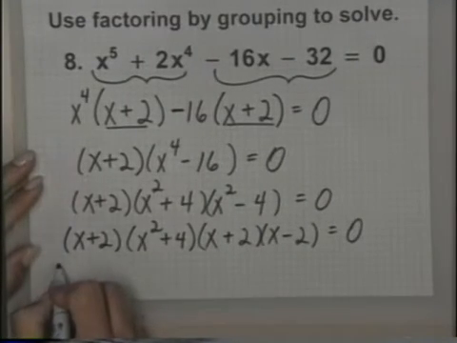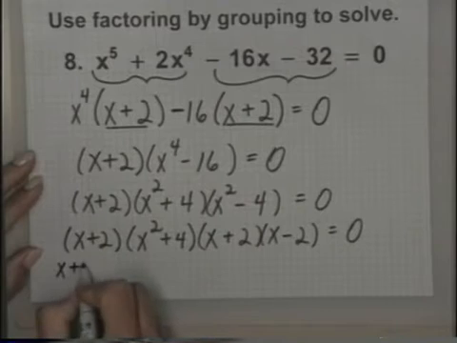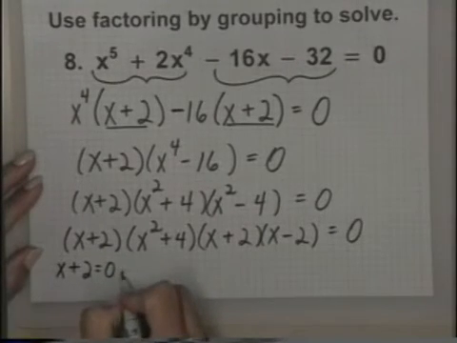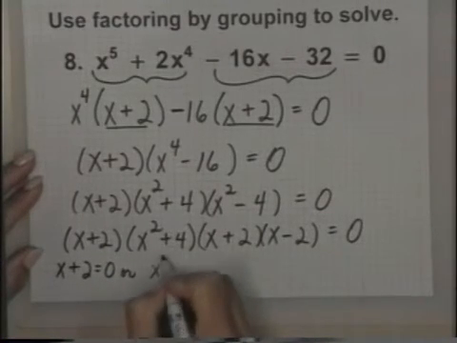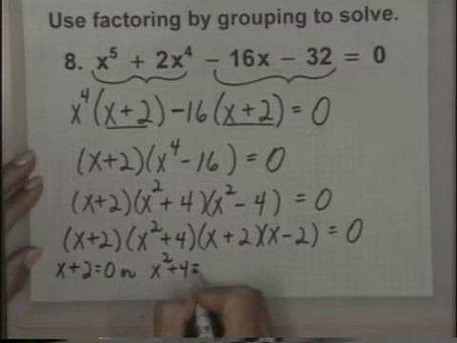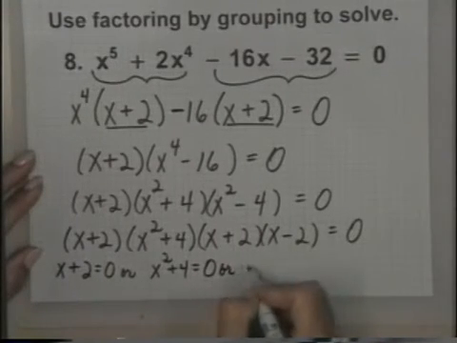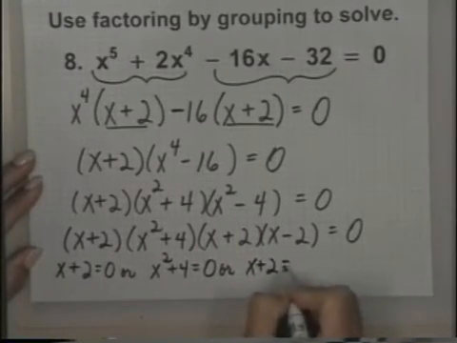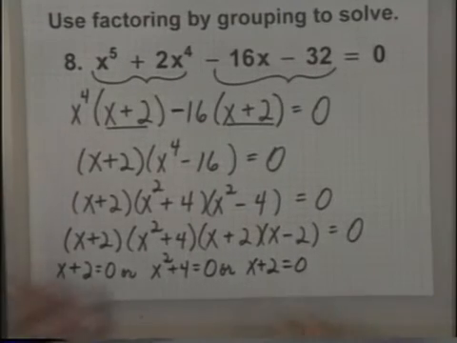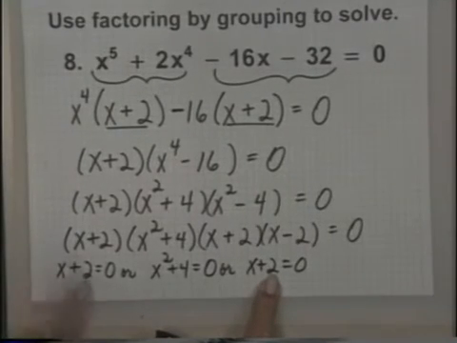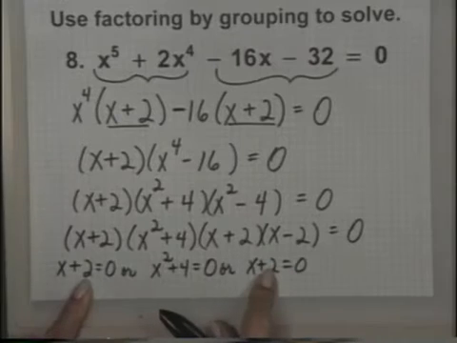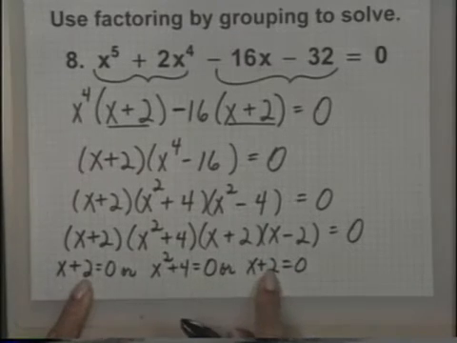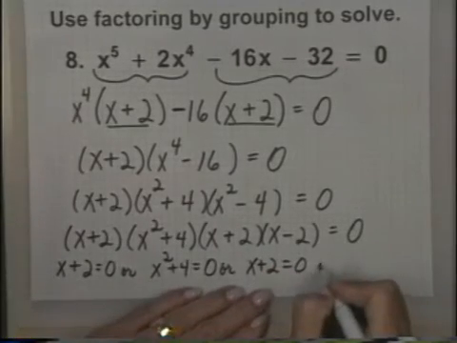So I will have x plus 2 equals 0, or x squared plus 4 equals 0, or, now do I really need to write this one again, x plus 2 equals 0? Isn't the solution for this equation the solution for this equation because they're the same equation? I don't really need to write that, do I?